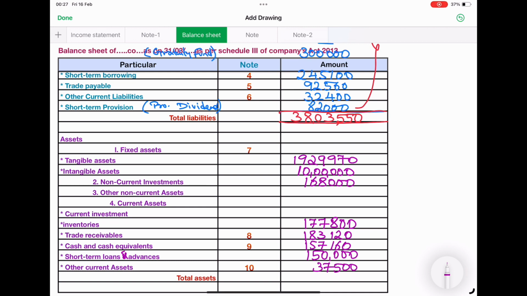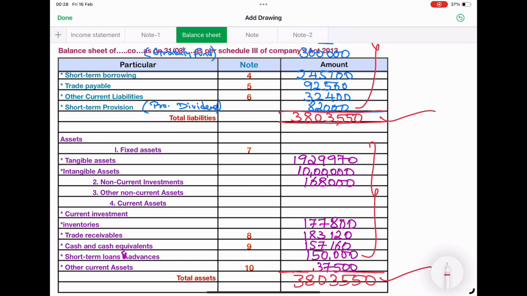Okay, if you add these values, your total liability and asset value should match. So if you add all those things, the total is 38 lakh 3,550. See, both the values are matching, which means your problem is correct.